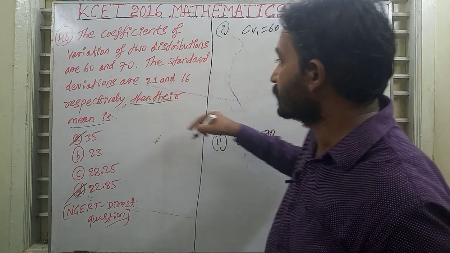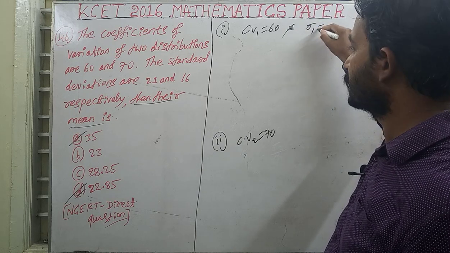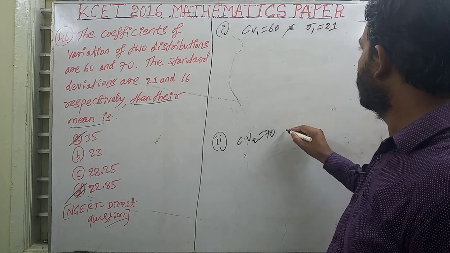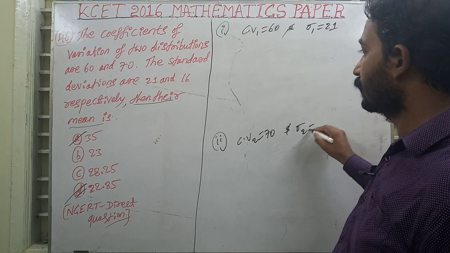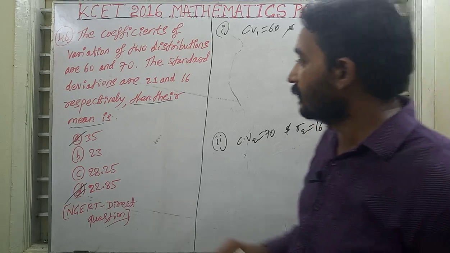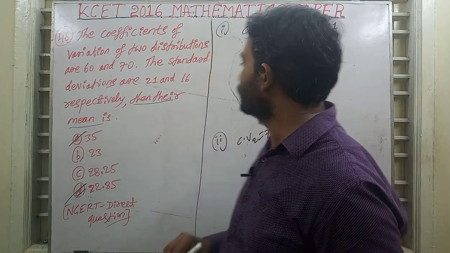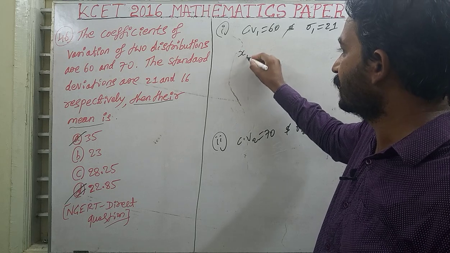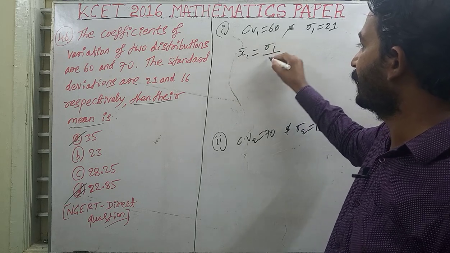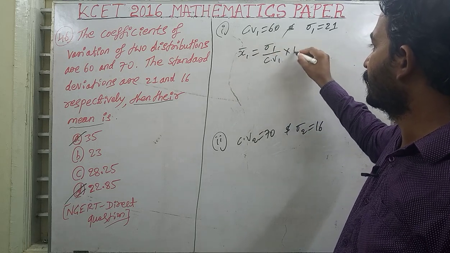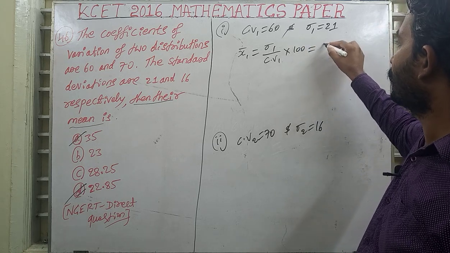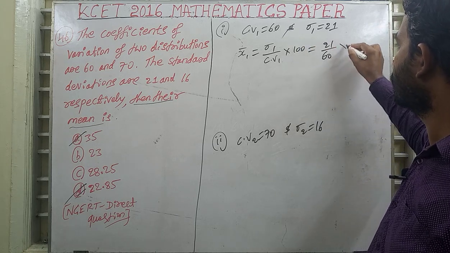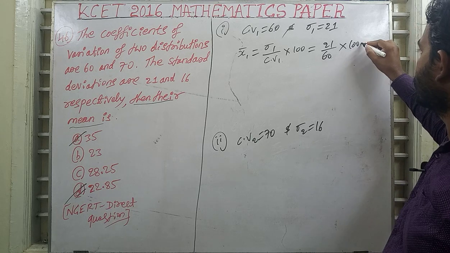The standard deviations are also given. Sigma 1 is equal to 21 and sigma 2 is equal to 16. Then find the means. Using the formula directly we can find x1 bar is equal to sigma 1 divided by C.V.1 into 100, is equal to 21 divided by 60 into 100, is equal to 35.